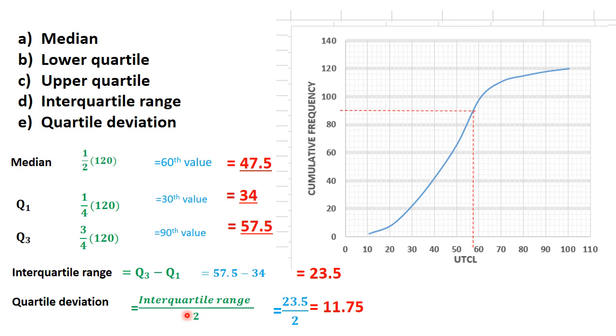So basically, to estimate the median, lower quartile and upper quartile using the Ogive curve, you look for the middle value, which is the 60th, or the lower quartile value or upper quartile value, and read the corresponding observation. Remember, the y-axis gives us the number of students, but the x-axis gives us the value they scored.